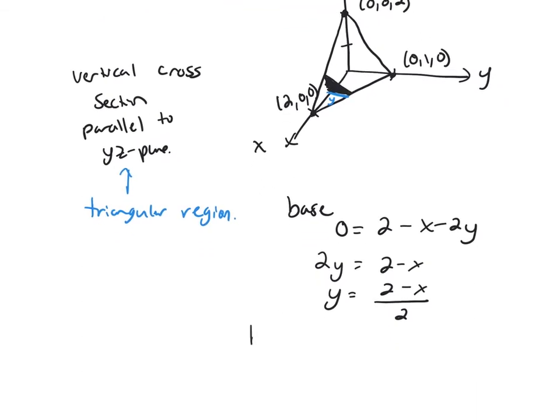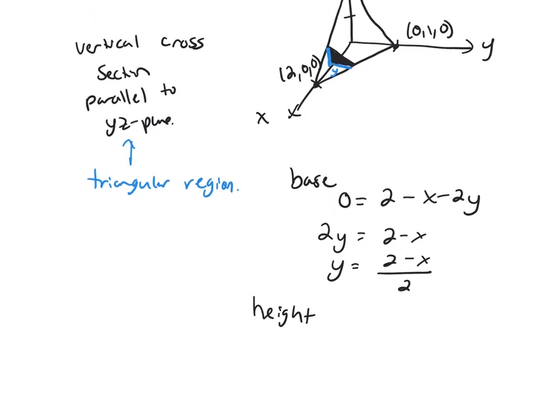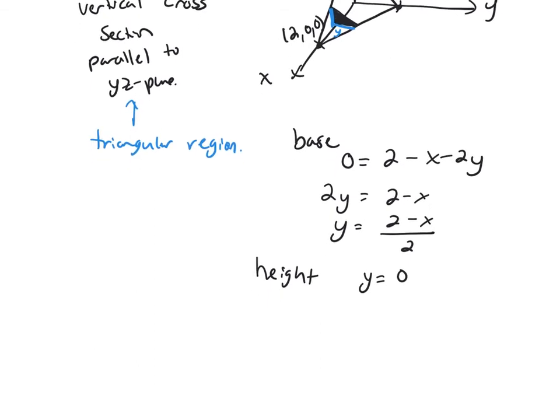And now let's look at the height. So here, if I'm looking at the height, it's right here. So I'm on the x-axis, which means here y is 0. So if you plug in y equals 0 into your equation, you'll get z equals 2 minus x.